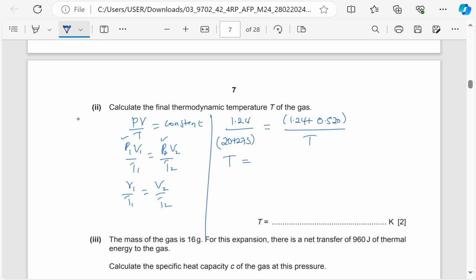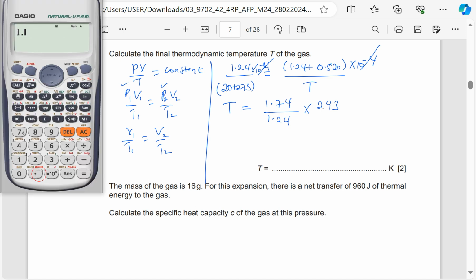T is going to be equal to 1.74, just summing up that, divided by 1.24 times 293. Note that I ignore the power of 10 because it cancelled out.